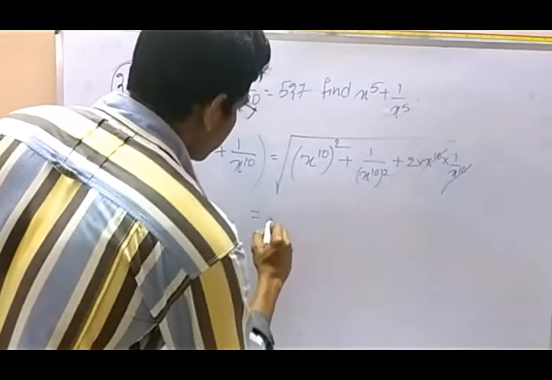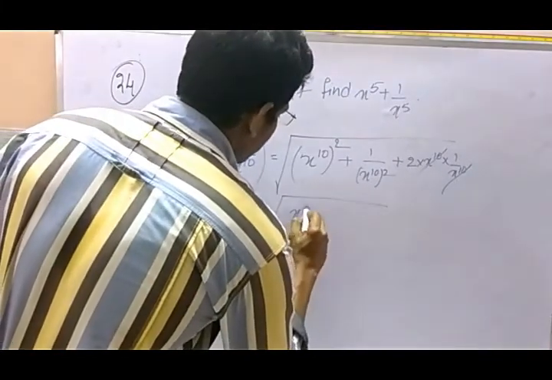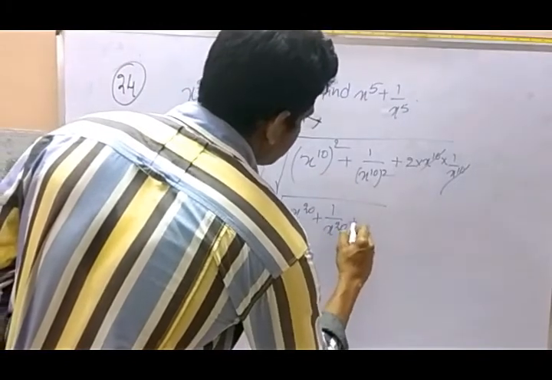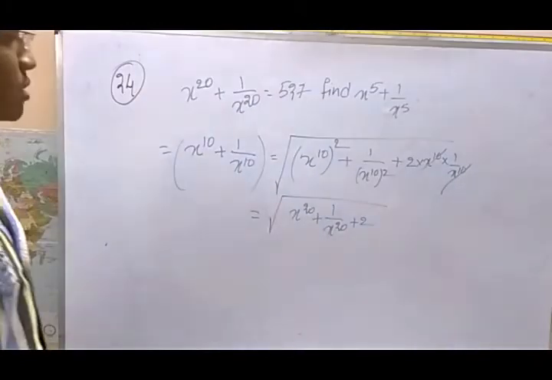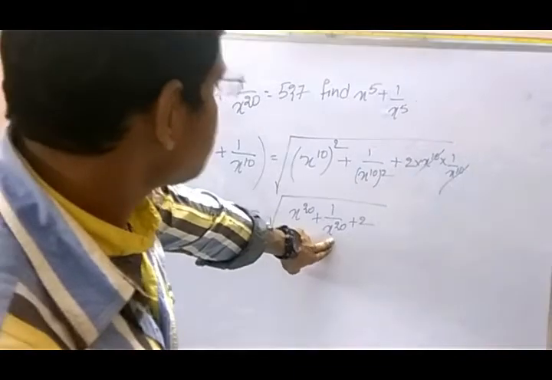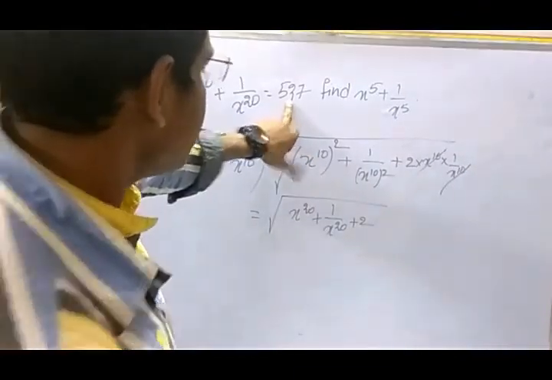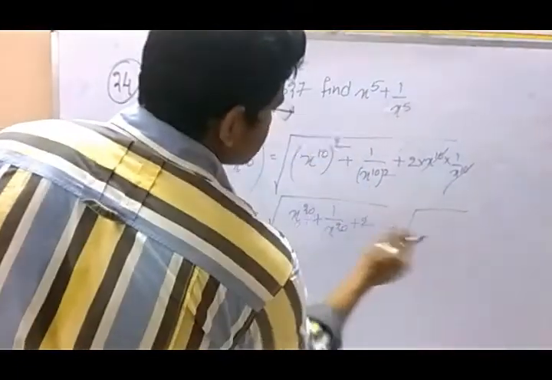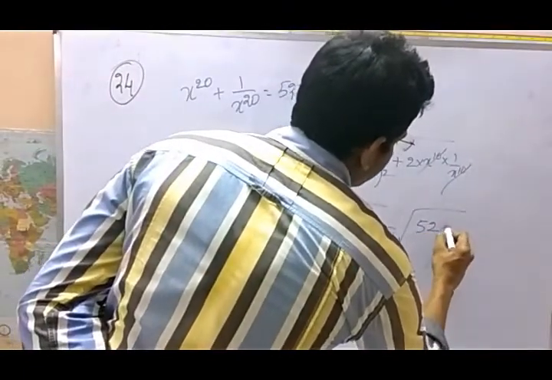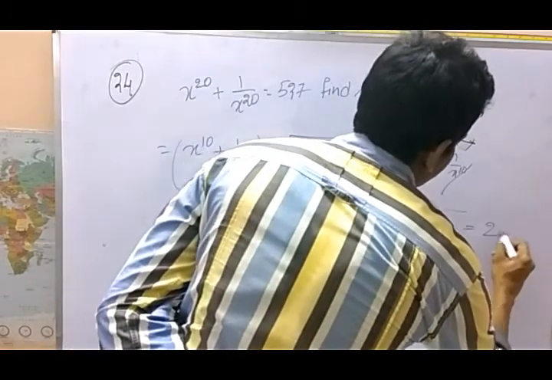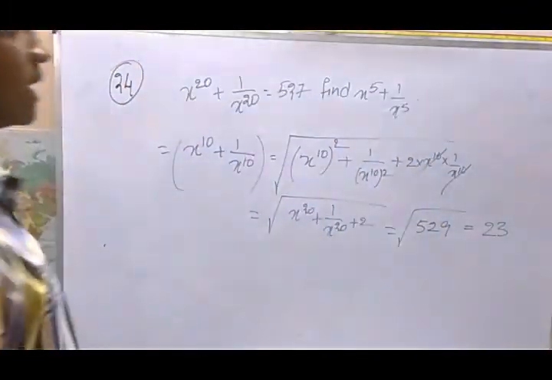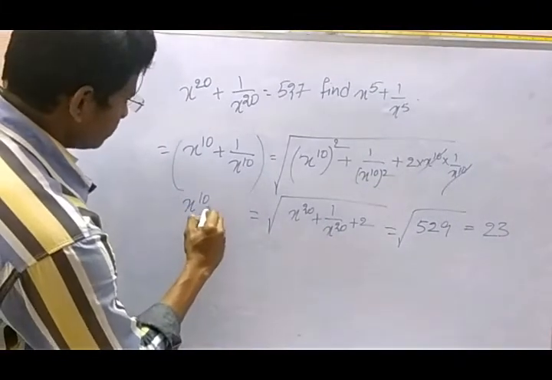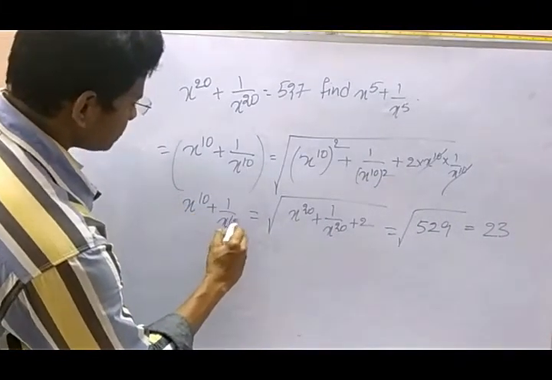So what we have now? Root of x power 20 plus 1 by x power 20 plus 2. What is x power 20 plus 1 by x power 20? We have 527. So root of 527 plus 2, 529. What is root 529? Root 529 is 23. What is 23? It is x power 10 plus 1 by x power 10.